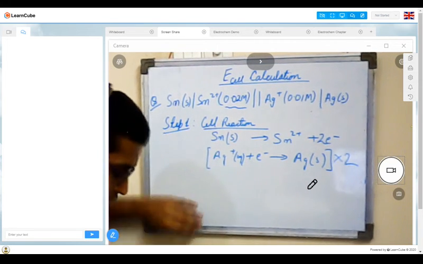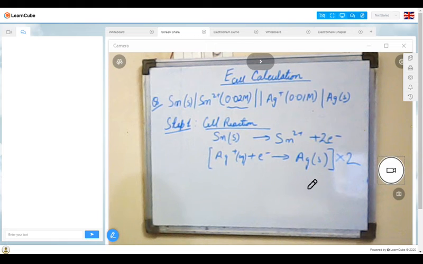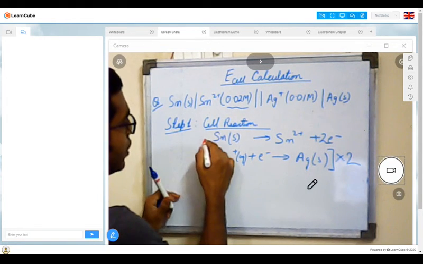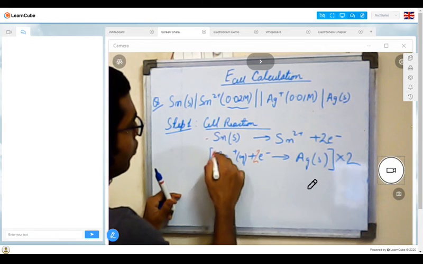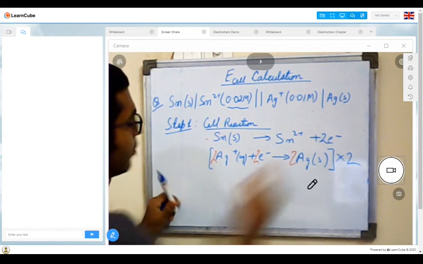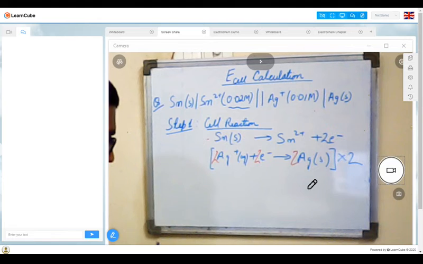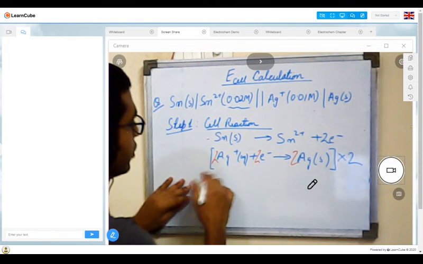The number of electrons lost in the oxidation half reaction is 2. Only if we take 2 of silver does the number of electrons accepted become equal to the number of electrons lost.